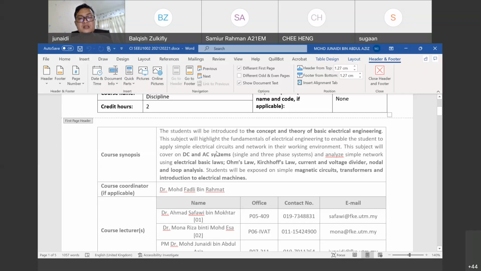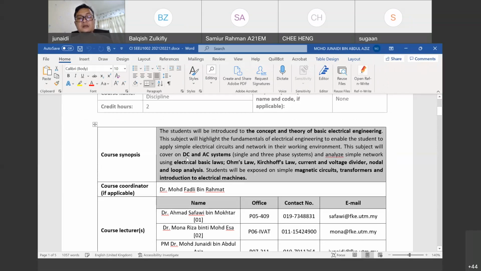So this is the synopsis for the course. You will be introduced to the concept and theory of basic electrical engineering, and we will highlight the fundamentals of electrical engineering to enable students to apply simple electrical circuits in their work environment.